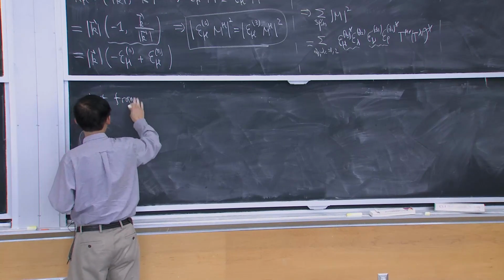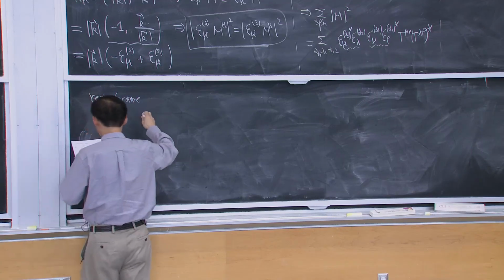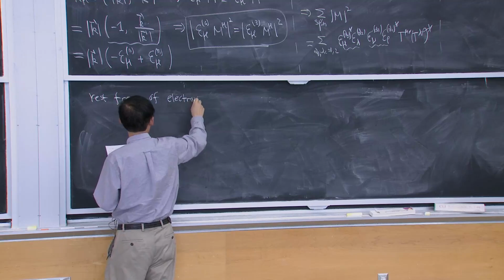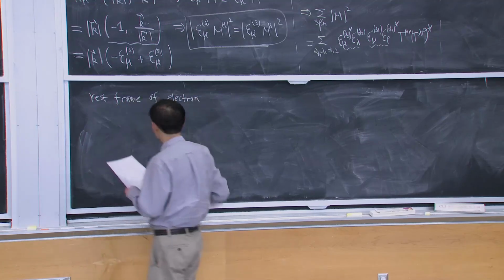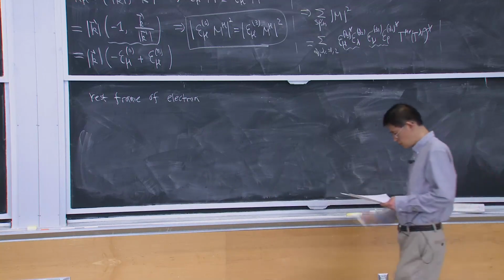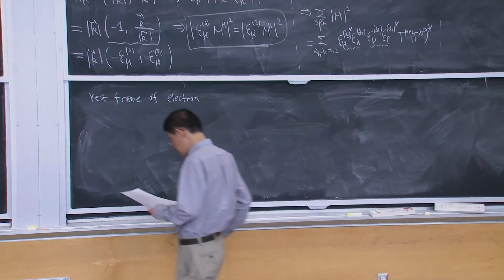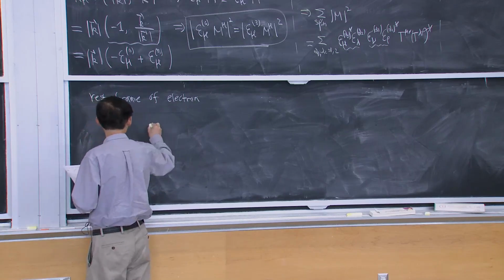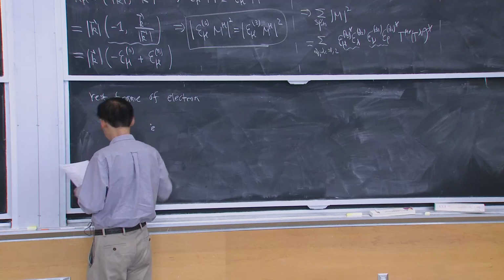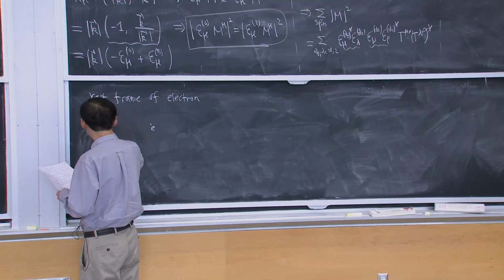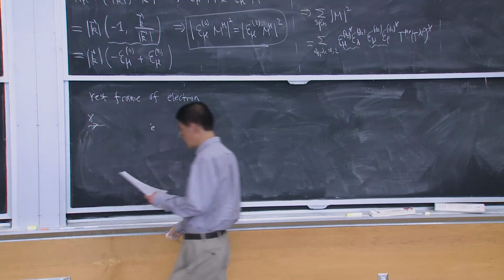So this is roughly often how the experiment is done. You can consider, say, an electron in matter, which doesn't have much velocity, and then you have a photon come in. Imagine you have an electron here, and a photon comes in.